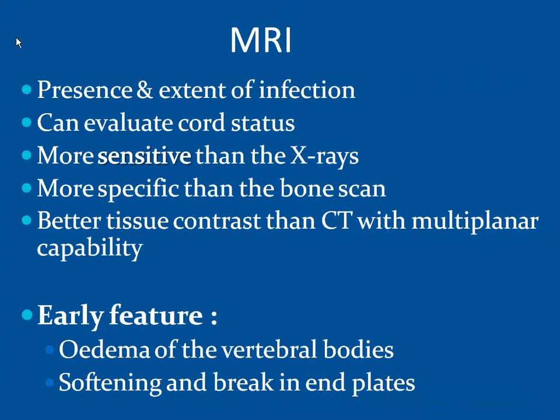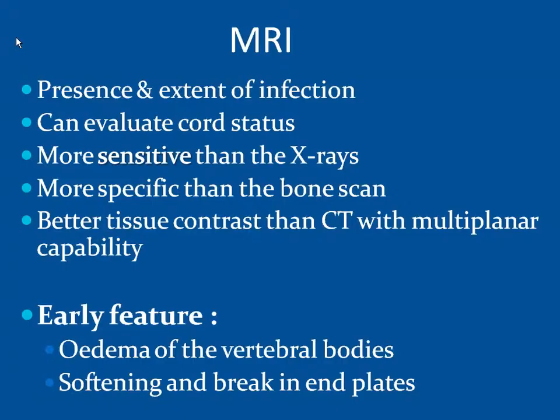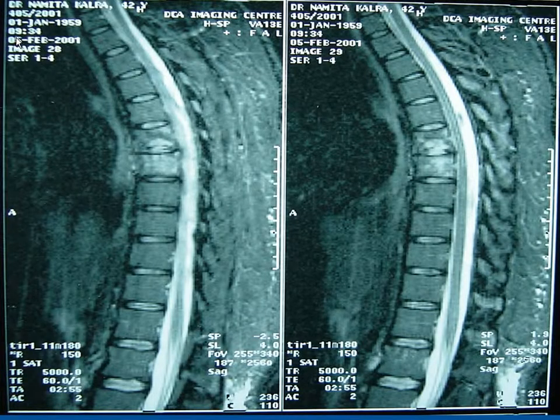So the early features that you find on the MR scan would be an edema of the vertebral bodies, softening and break in the end plates. That is the earliest feature that you find on the MR scan. And this represents the classical MR scan with bone marrow edema and softening of the paradiscal margins.